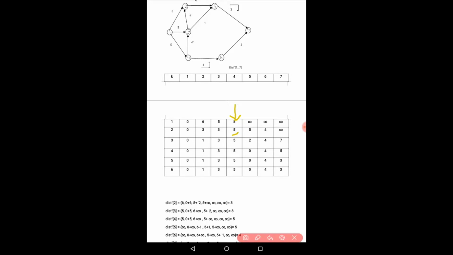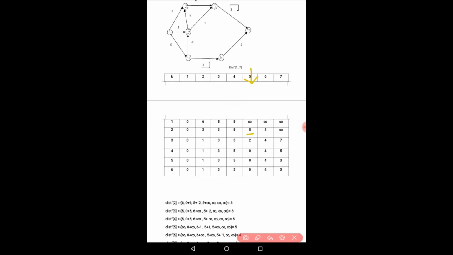This is the equation for node 5, distance 5, k value is 2. Sorry, this is node 4 I have put. This is my current node, node 5 I have to take. Now I have to write for node 5. That means this cell I have to fill now.